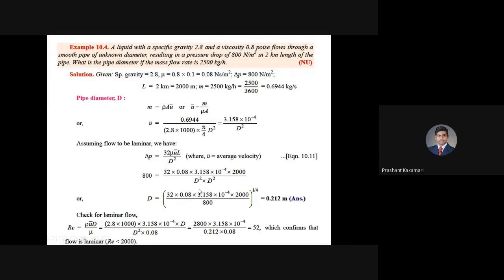So once all these values are substituted with raised to 1 by 4, the value is 0.212 meters, the diameter. So please check the value in the calculator and tell me.